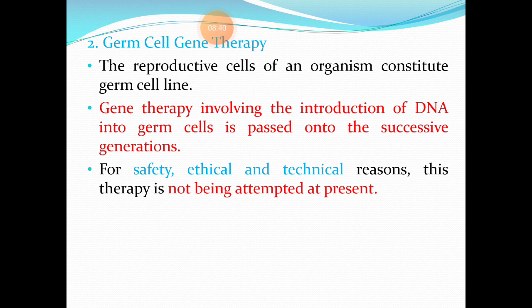And please note, it is passed on to the successive generations, which doesn't happen in somatic cell gene therapy. But for safety, ethical and technical reasons, this therapy is not being attempted right now.